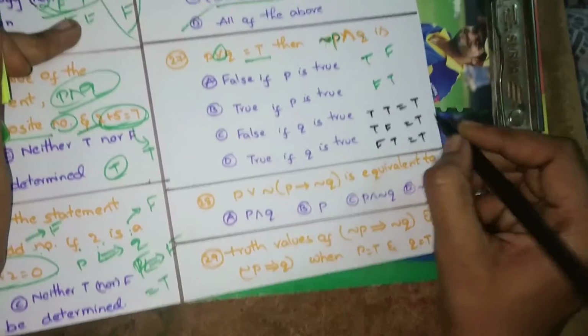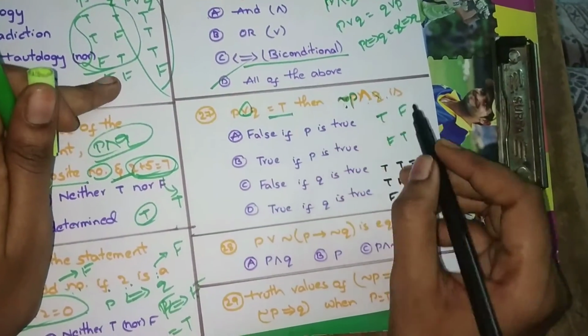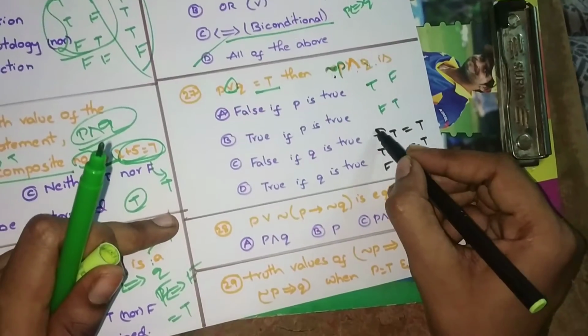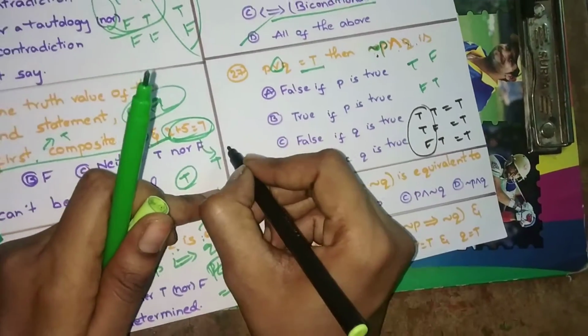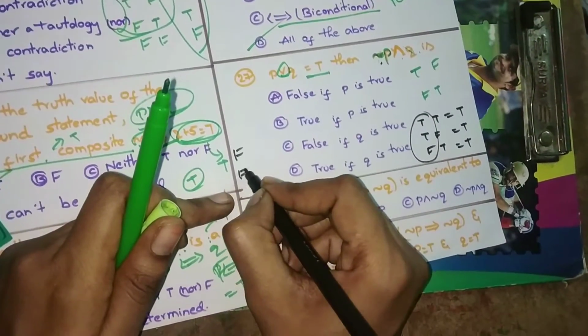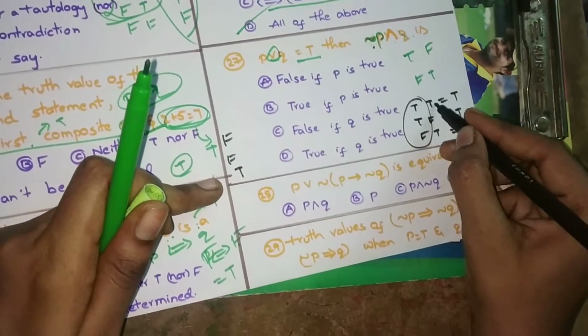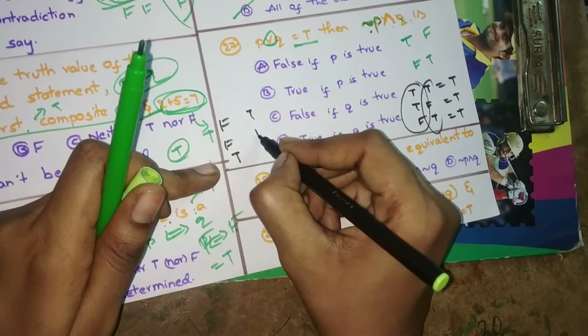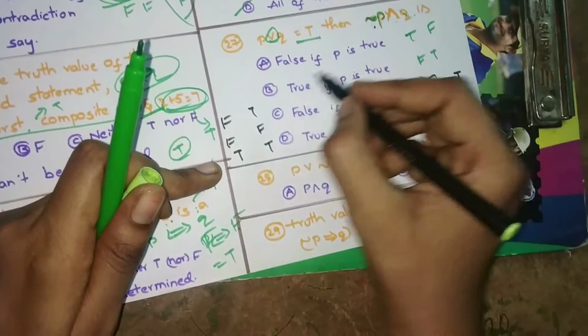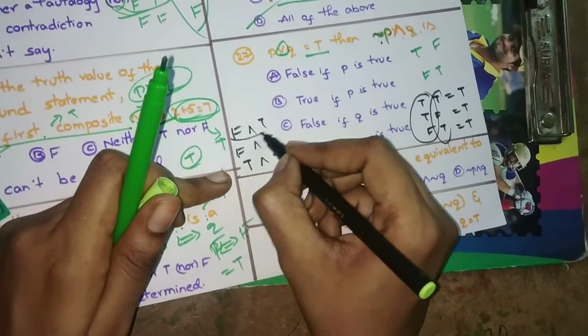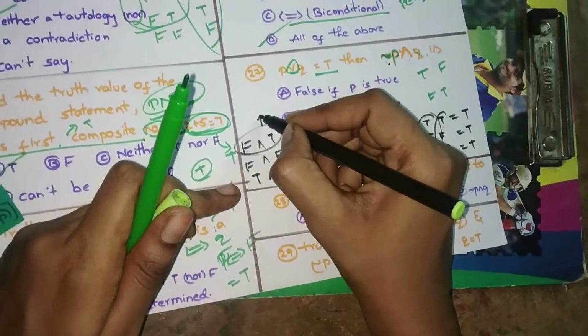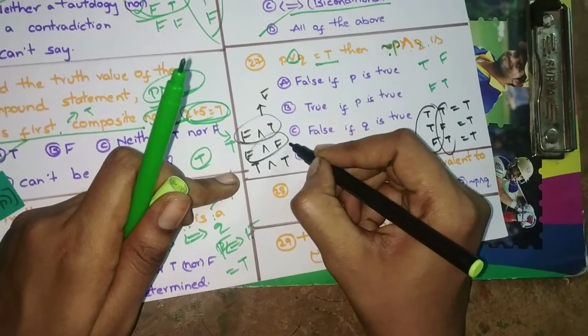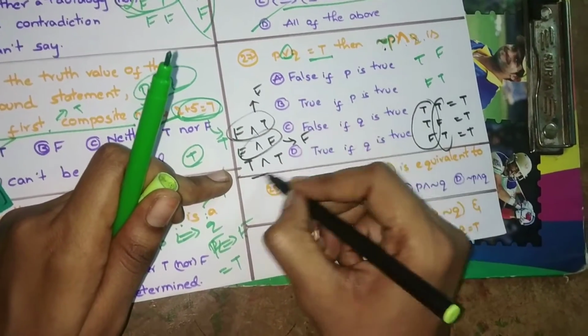Now they asked negation of P intersection Q. Negation of P will become false, false, true. Q as it is, true, false, true. And is there. And means when both are true, then only it will become true. This is false, this is false, and this is true.